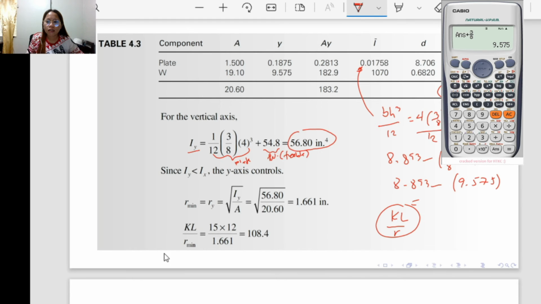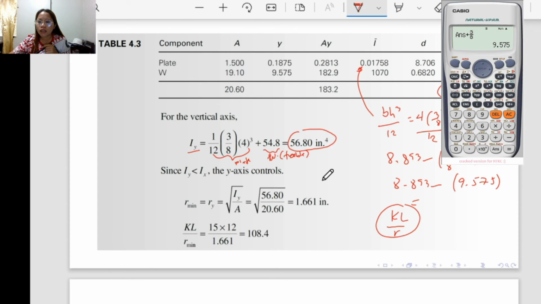So, the critical slenderness ratio KL over R minimum: the 15 is given in the problem. The effective length times 12 to convert, because this is 15 feet, to inches, divided by the radius of gyration. So the slenderness ratio is 108.4.